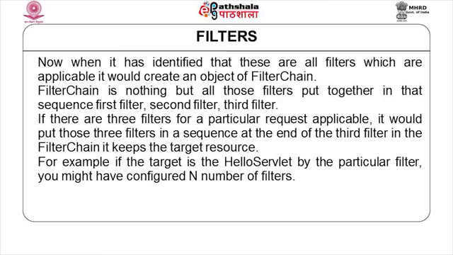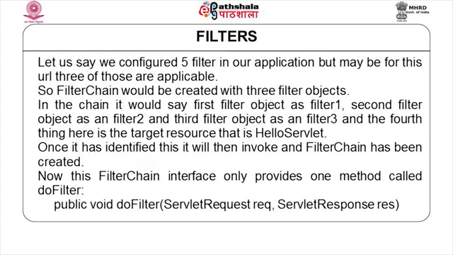So, a filter chain would be created with 3 filter objects. In this chain, the first filter object is filter 1, the second filter object is so and so filter, the third filter object is another one, and the fourth thing we have here is the hello servlet, which is actually the targeted resource.